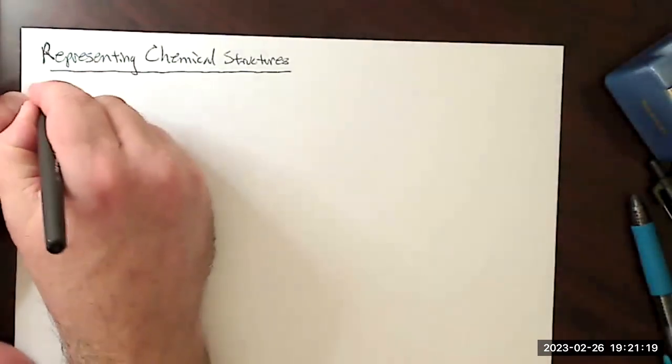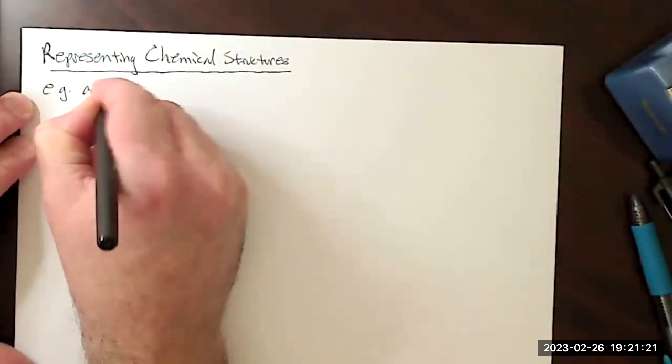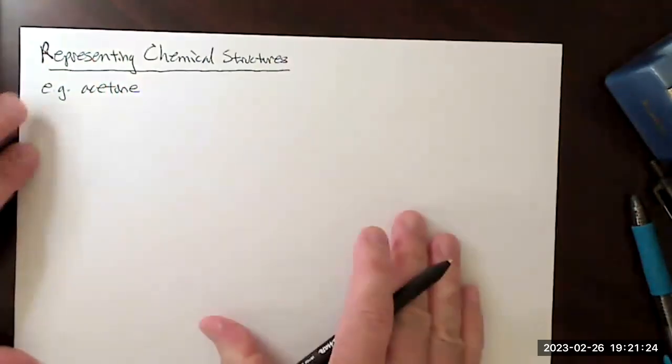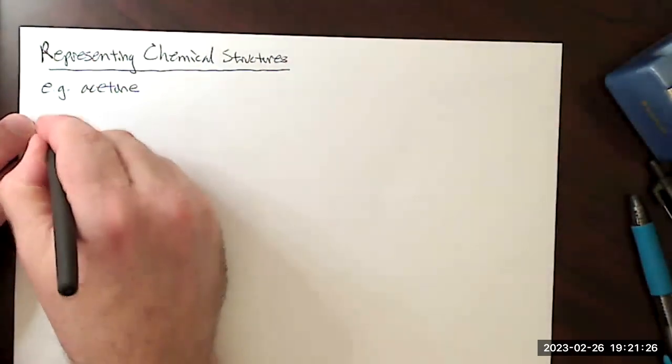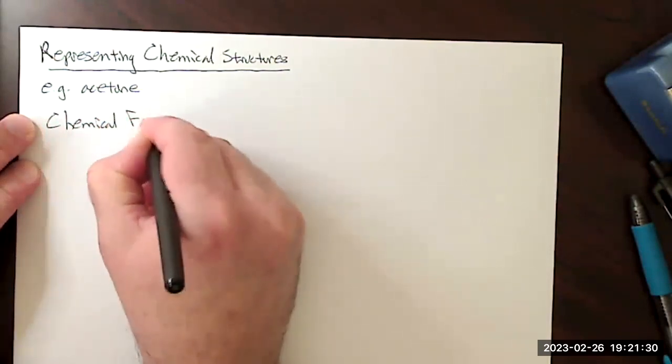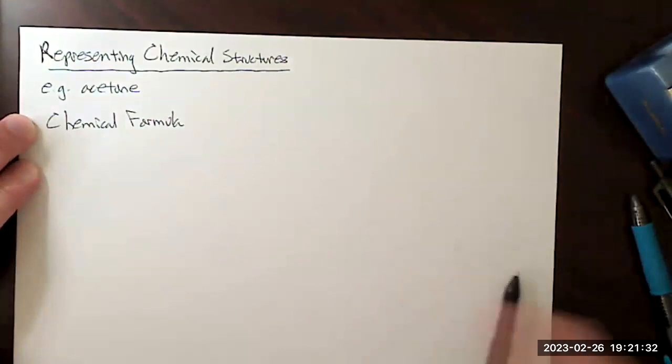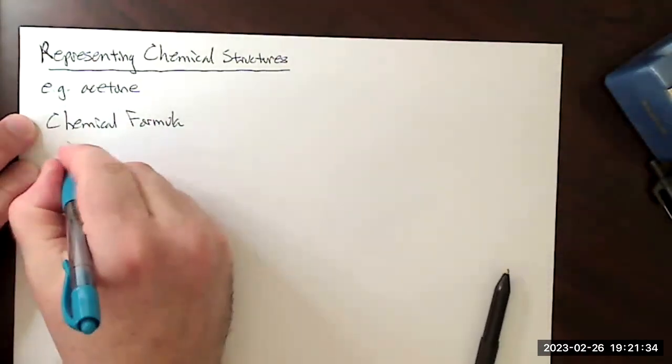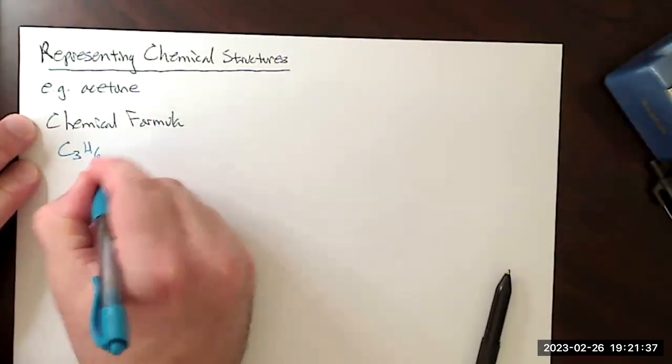Just as an example, let's look at acetone. So we have the chemical formula. In this case, it's C3H6O.